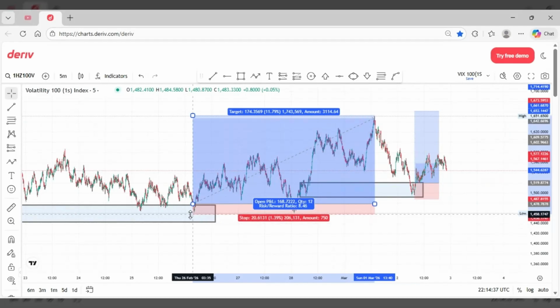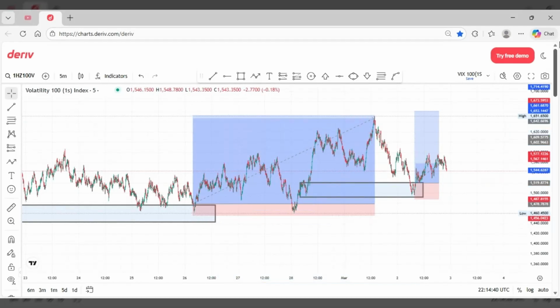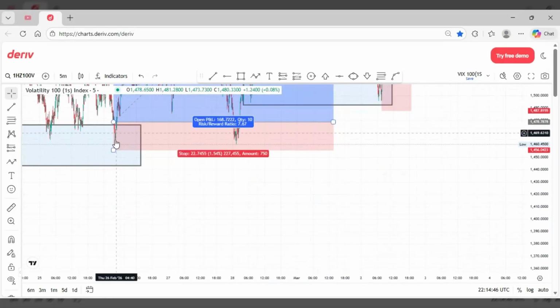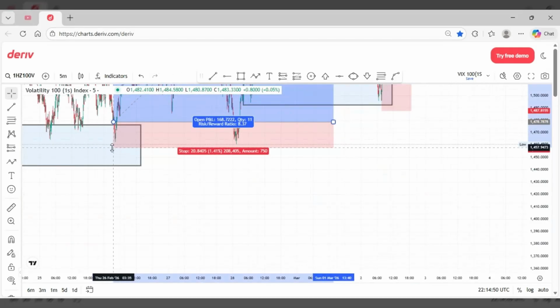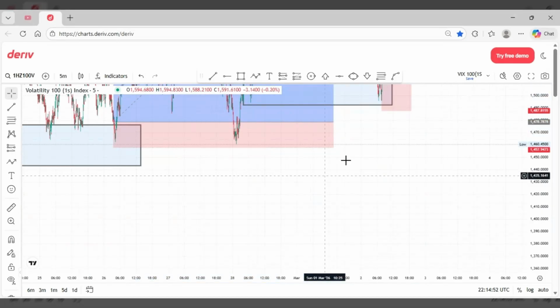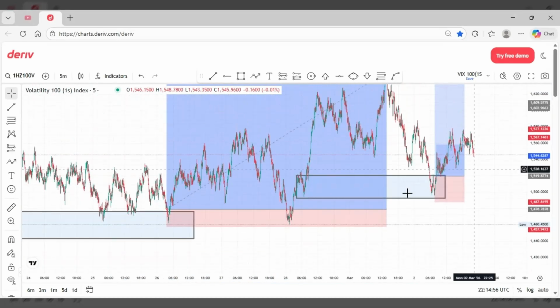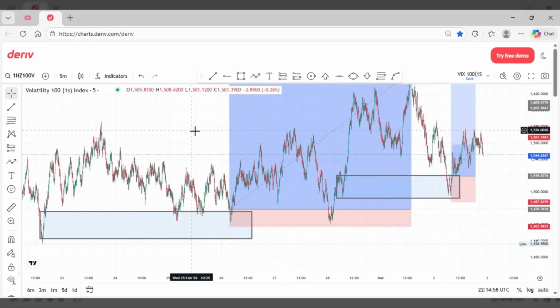Now, look very well. Watch closely. You see, I still give a little room here, okay, for the market to breathe, because you have to give the trade a little space. Now, let's say, for example, from here to here, let's check.